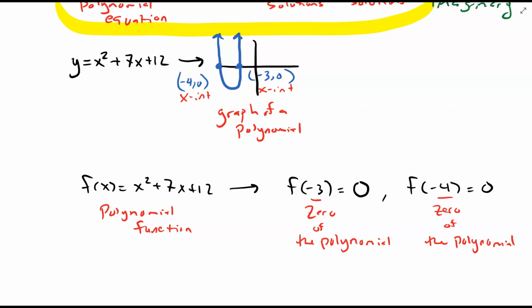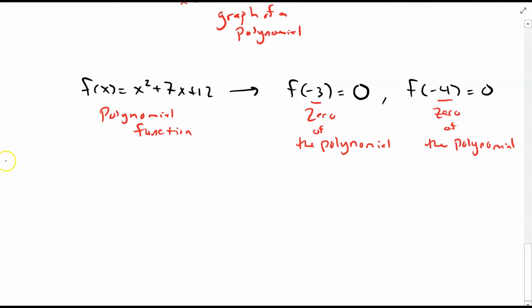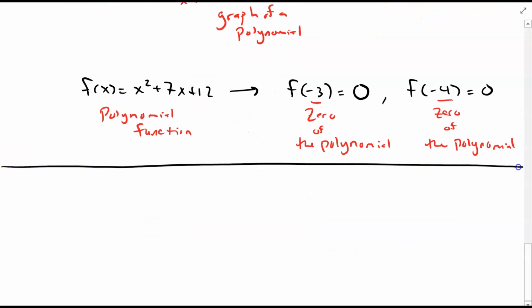So we're going to take advantage of the relationship between factors, solutions, x-intercepts, and zeros to really try to be able to factor as many things as we can. All right.